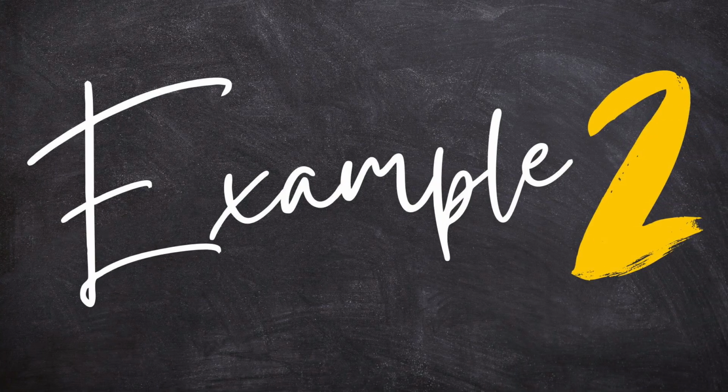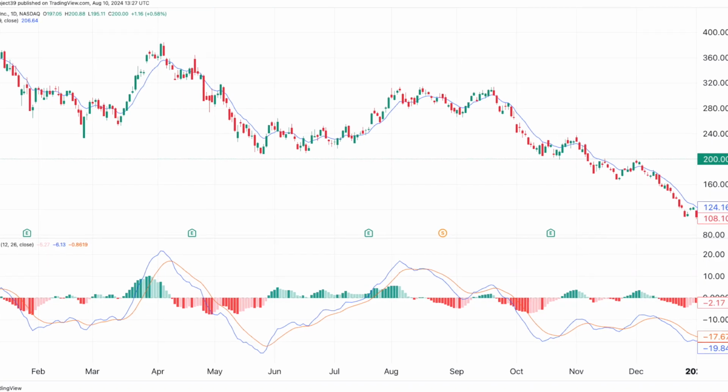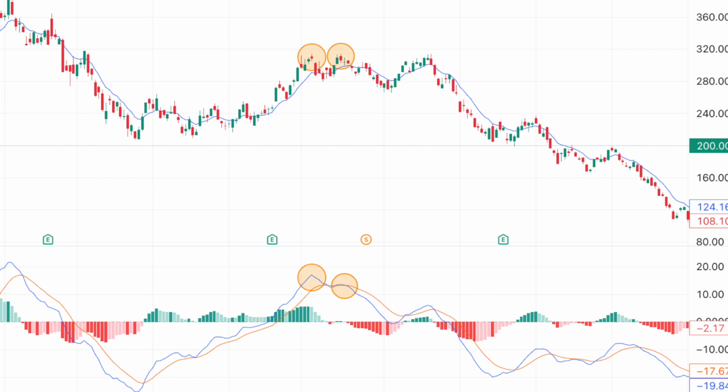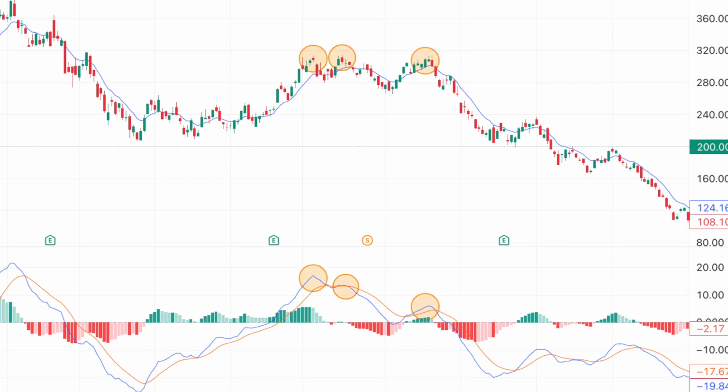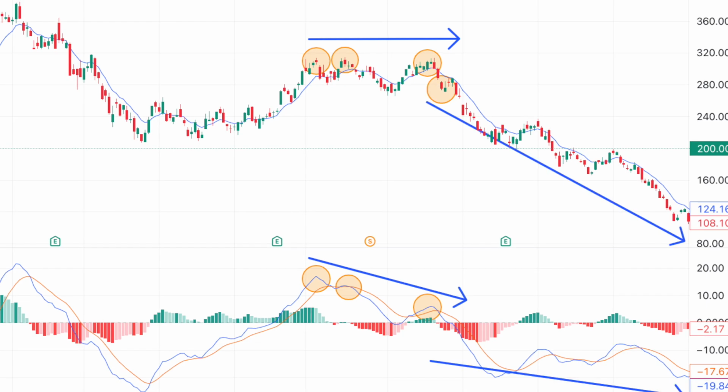Let's look at another example, this time for a bearish divergence. So in this case, it's still the same price chart. We can see that for the same price level of highs, we see lower highs on the MACD indicator. So this now means that we are looking at a bearish divergence where the price is showing one direction, however the indicator is showing a bearish reversal.